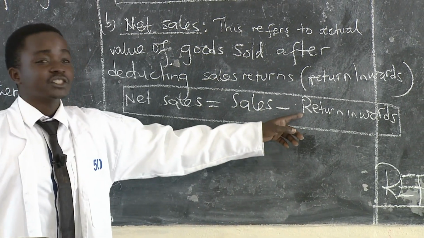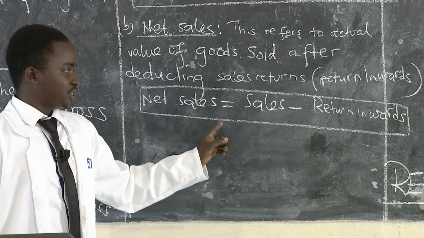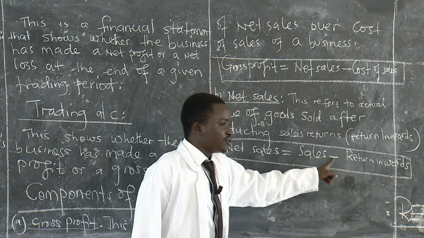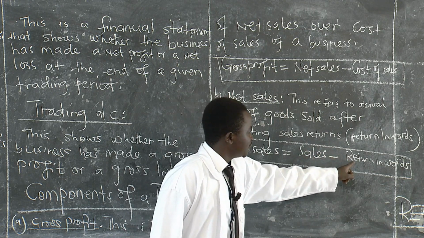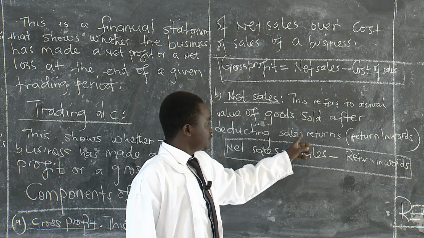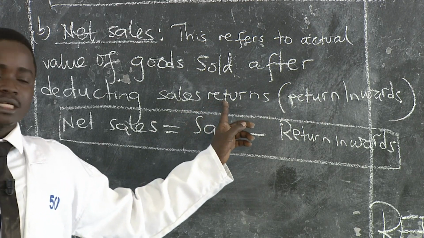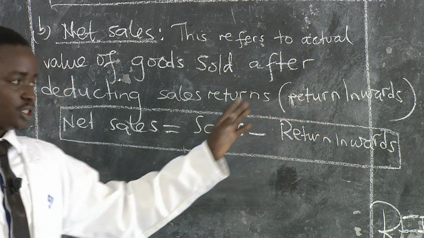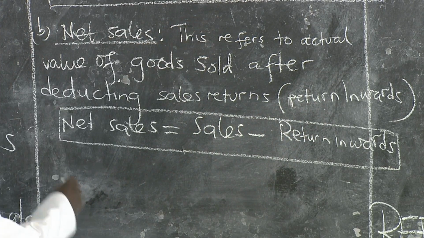Maybe goods here are expired, are damaged, and therefore customers bring them back to the business. So that's why we subtract them from the previous sales made. So they can be return inwards or sales returns. You must note these, learners. If I give you sales returns, you must know that sales returns are the same as return inwards. Note this formula. Then we come to cost of sales.